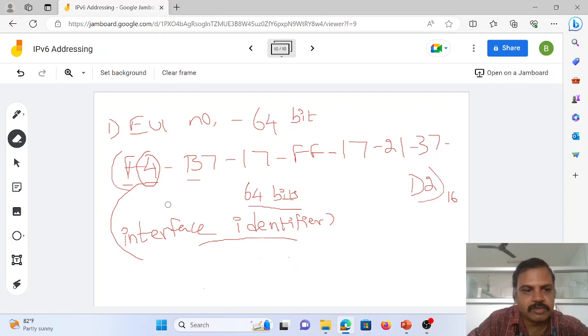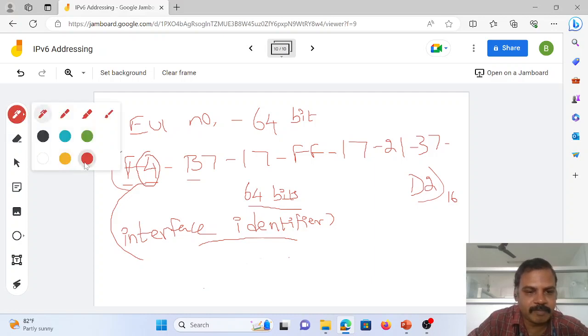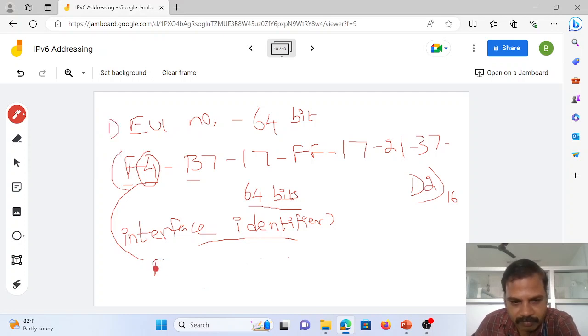I'll be writing the new interface identifier. So this will be F6, combining these 2 hexadecimal numbers, colon 17FF, another section, then 1721, another section, 37D2.